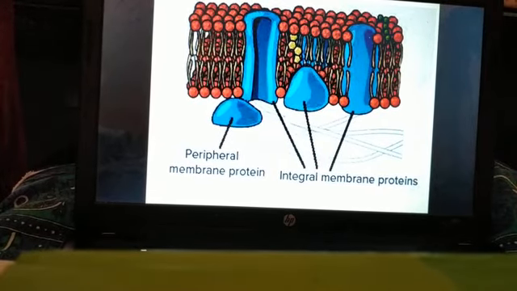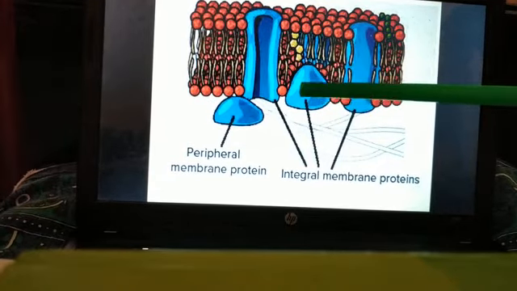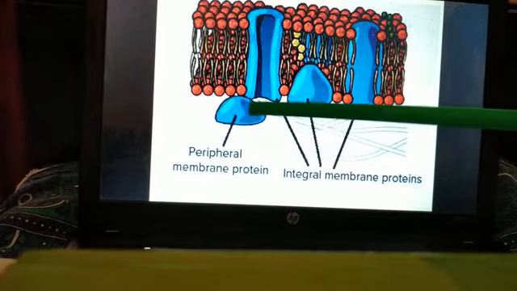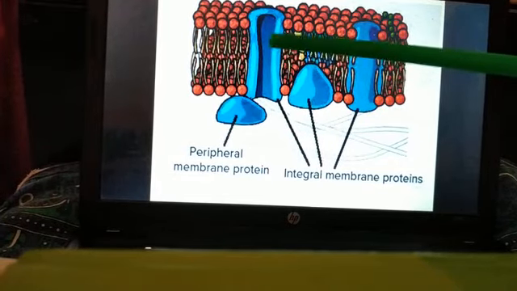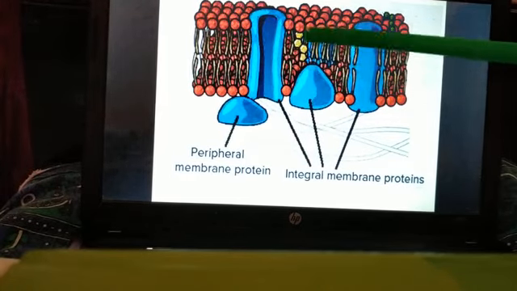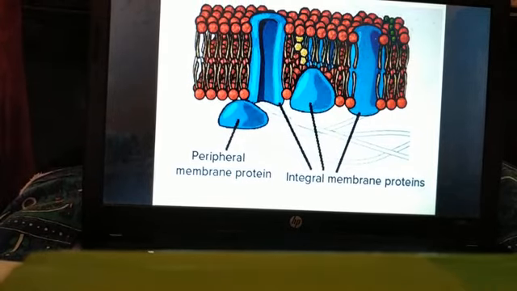In the Robertson model, students, we haven't seen any protein inside the layer. Proteins were present only on the outer surface, not on the inner surface. So this difference is there. In the fluid mosaic model, proteins are embedded inside the phospholipid bilayer also.